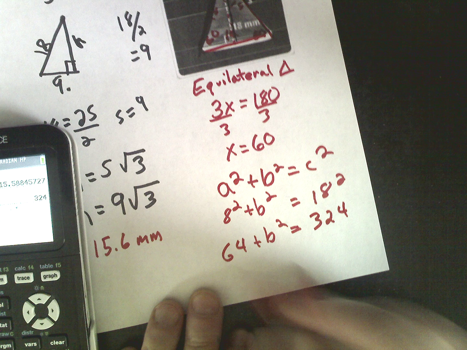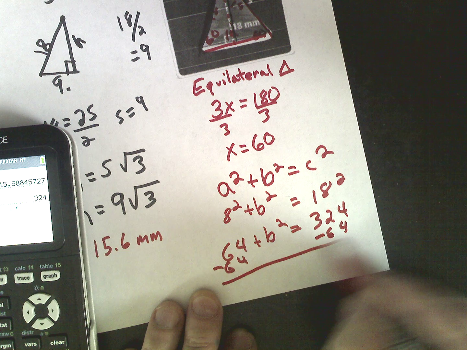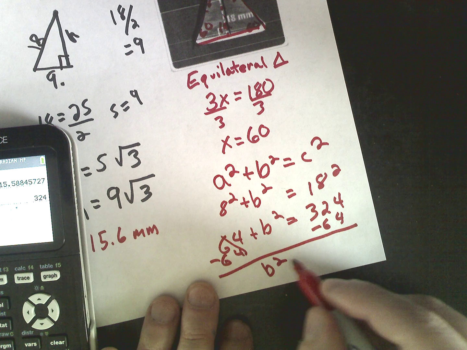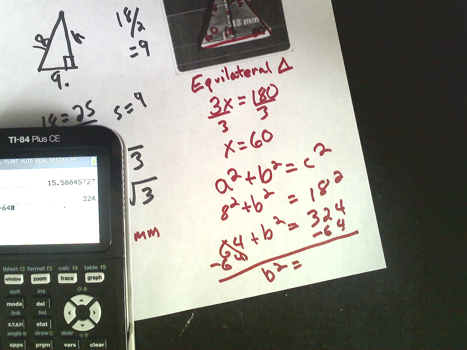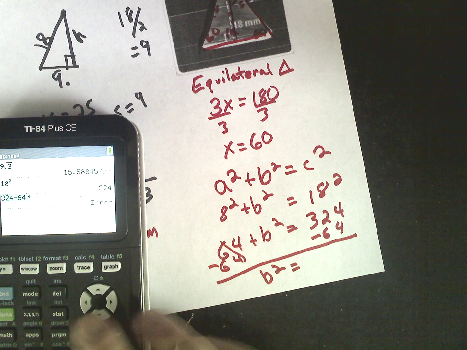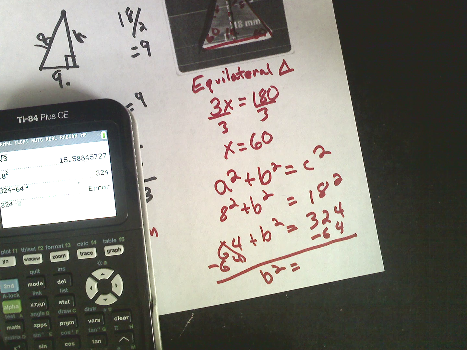So what I'm going to do is then subtract 64 from both sides. B squared is equal to 324 minus 64.